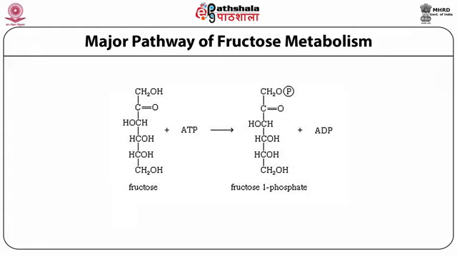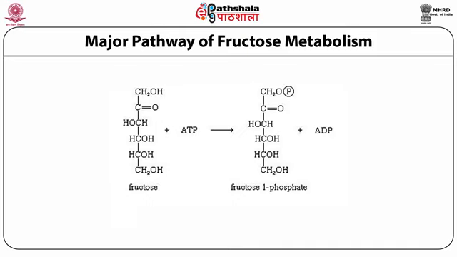Fructose is phosphorylated by ATP through the action of two different kinases. Hexokinase forms fructose 6-phosphate. In liver and muscles, fructose is phosphorylated by a specific fructokinase yielding fructose 1-phosphate.